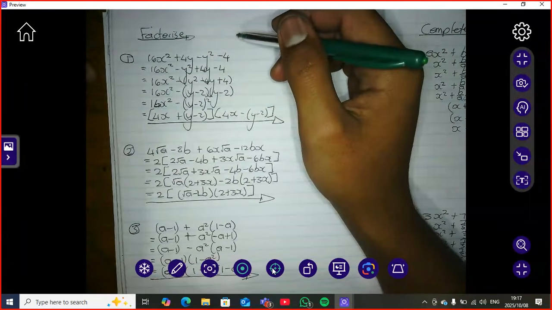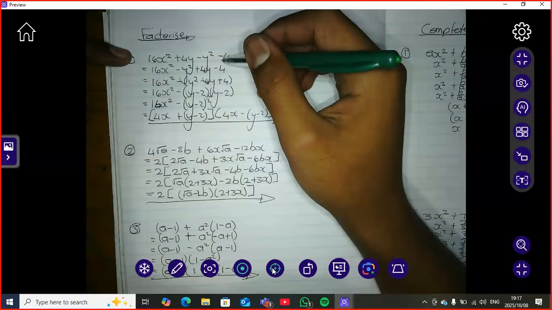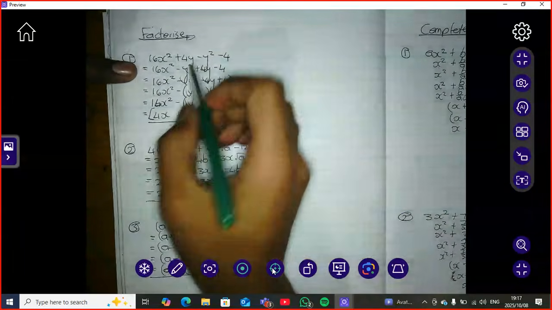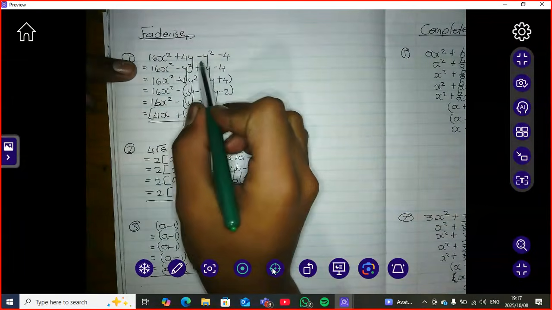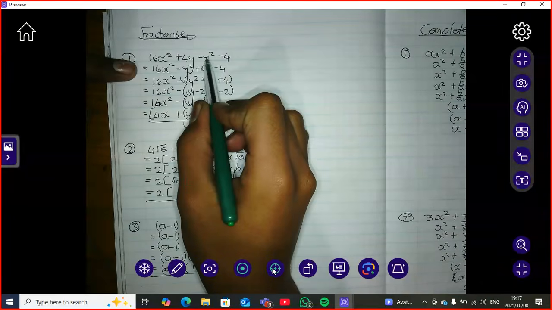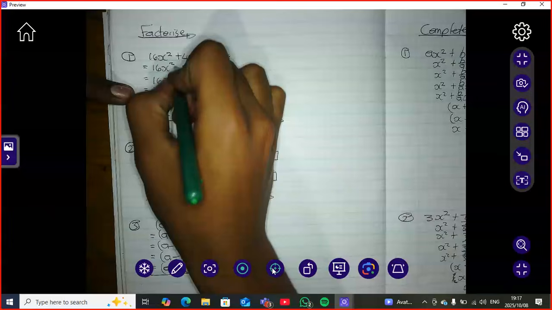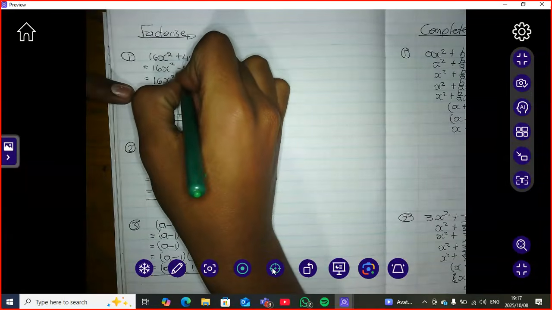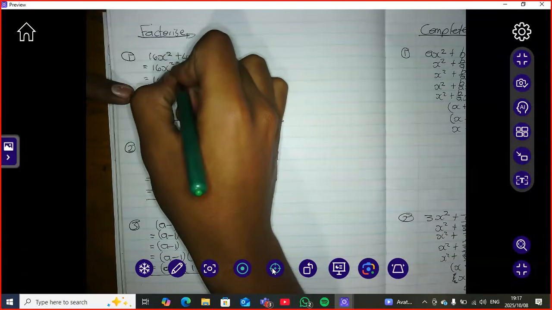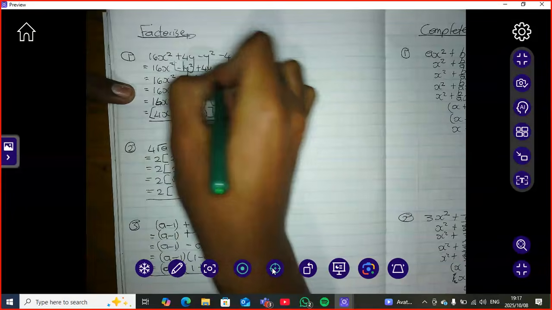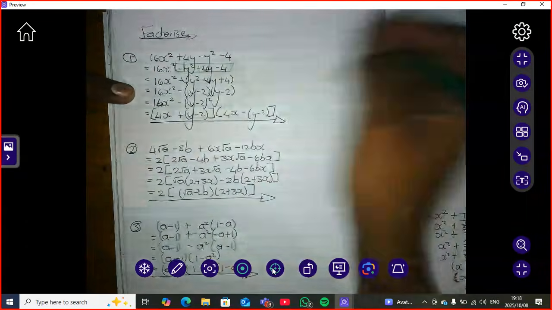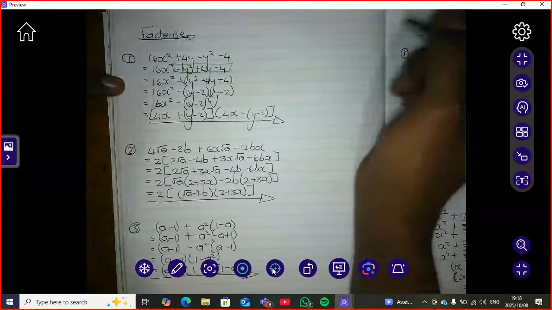All I did was put them in a nice order. So I took this y squared minus y squared and put it nicely. Then this here will form my normal quadratic equation.